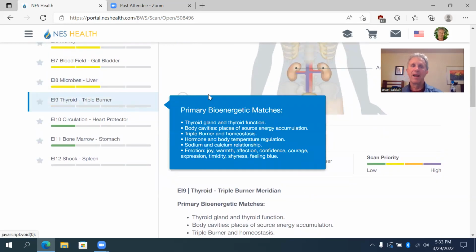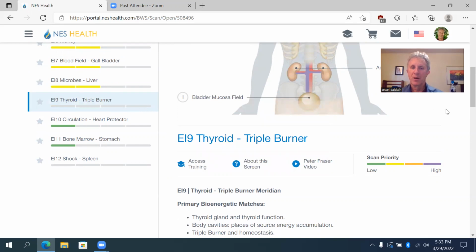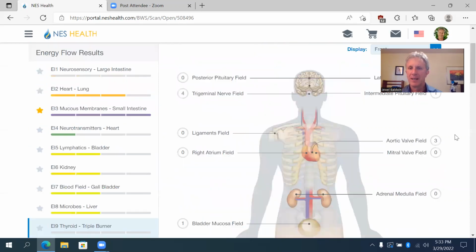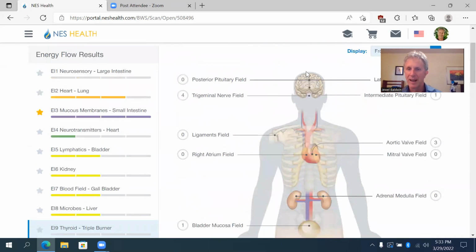Number 9, the thyroid triple burner, which is, of course, hormone related, but very much related to the thyroid. And it really focuses on the 3 cavities of the body, which is the cranial cavity, where the brain is stored, the thoracic cavity, the heart and lungs, and the abdominal cavity, the kidney and intestinal tract and all that, bladder.